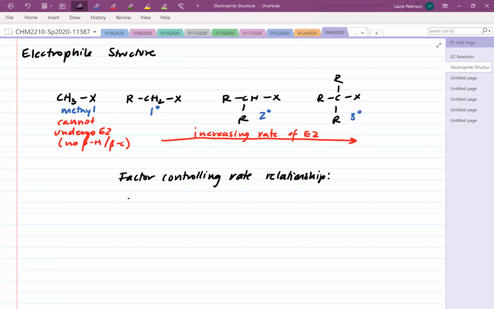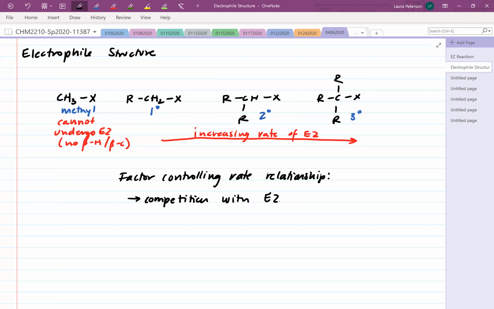So one of them is the competition with E2. Both the SN2 and E2 require a strong base, strong nucleophile. But if an SN2 cannot operate, like in the case of a tertiary halide, then what's left to happen? Well, it would be an E2 elimination.